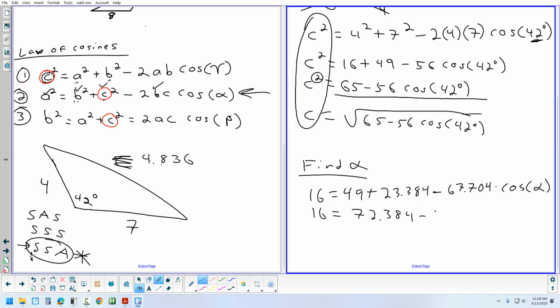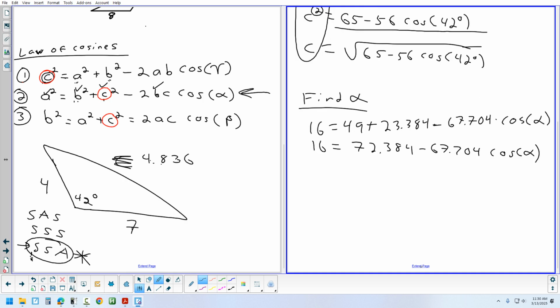minus 67.704 cosine alpha. Now, the next step in that equation is exactly the same as the next step in this equation. I just simplified it and took out the decimals. We have 16 equals 72 minus 67 times something we don't know.